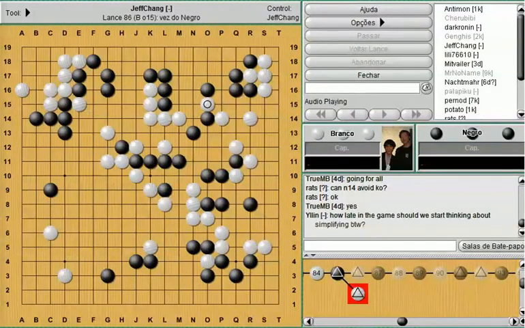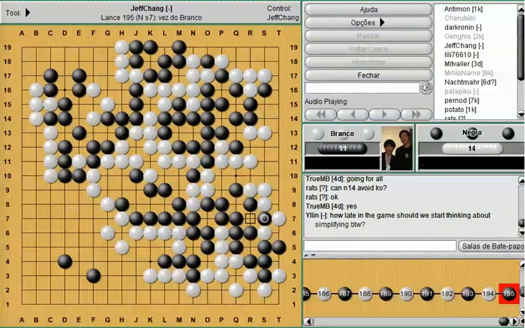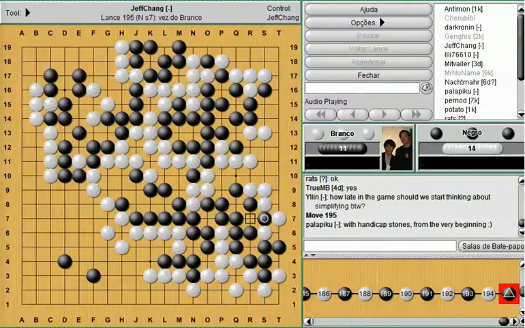Whenever you think about how many moves are on the board, sometimes there are a lot of moves on the board. For example, in this example, you can see there are a lot of moves. If I'm winning, I'm going to think about simplifying it. But if I'm losing, I'm not going to consider simplifying it. This is a new example, from a pro game, and there are a lot of moves.